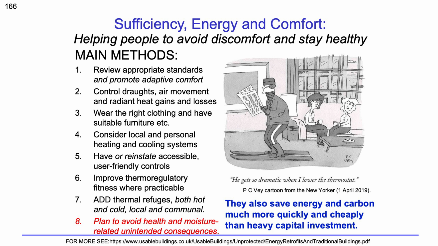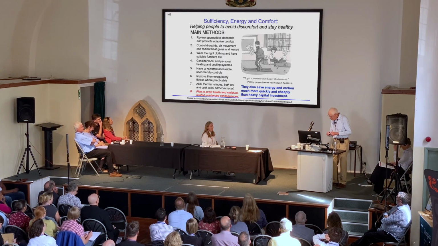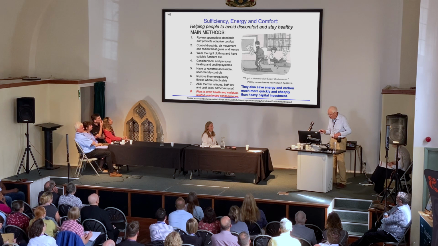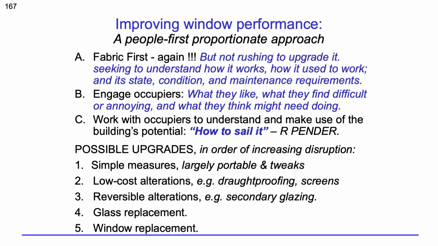I think I'm getting close to time now, so I won't do this, but there's a whole talk I've given on this, which is referenced at the bottom, about what you can do to improve performance by working from people and physiology, etc., out, as Robin has also introduced. And it's much quicker and much cheaper, and it's reversible.